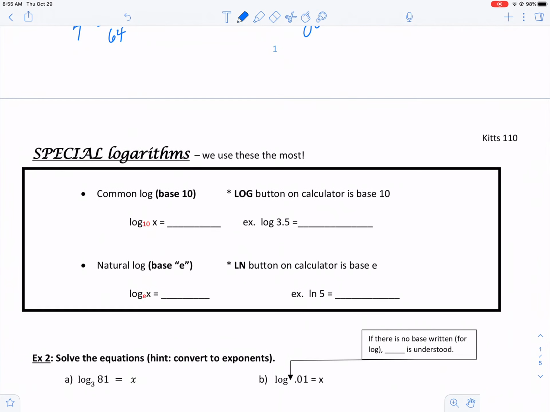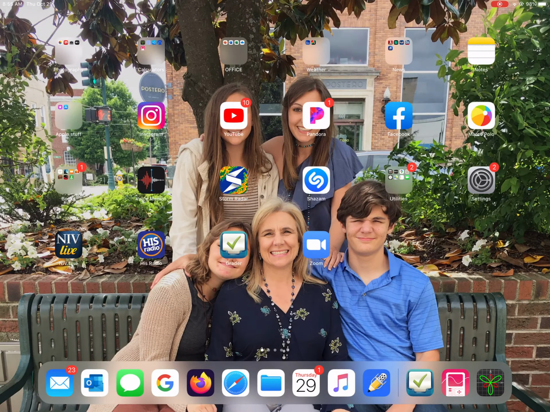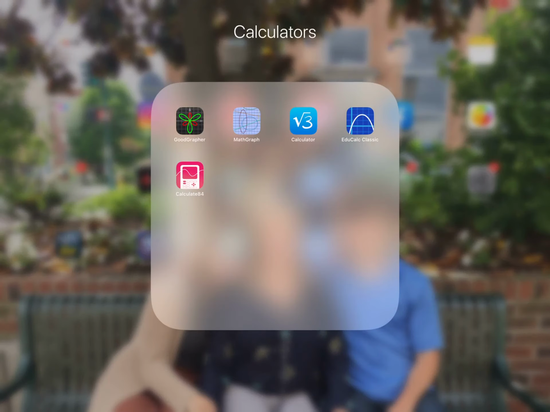Okay, so these, you may notice there is a log button on your calculator, and I did not bring my calculator home. But it says it's a log button on your calculator. Let me see if I turn this off. Is it still recording? Yay! Okay.